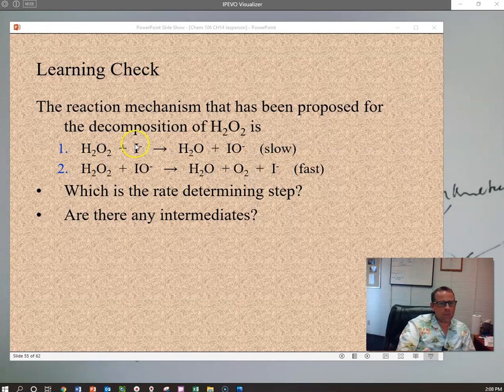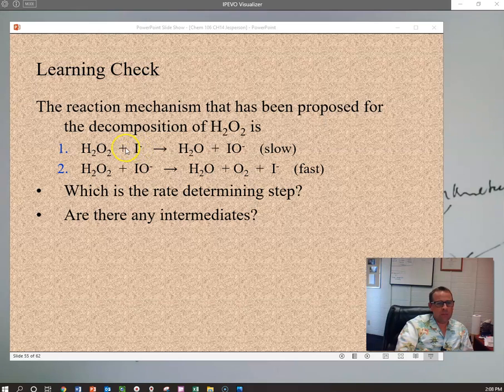So that would rule out which one then, Camille? The H2O. Oh wait, no, just the IO minus. It would rule out the I minus, right? Because in the first step you start with H2O2 and I minus. Okay?